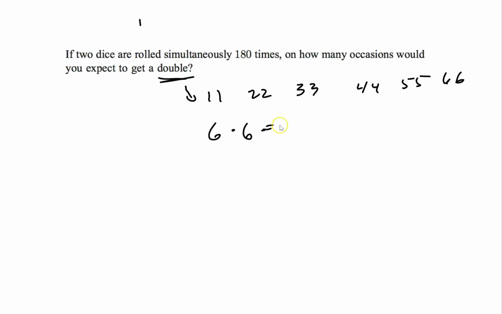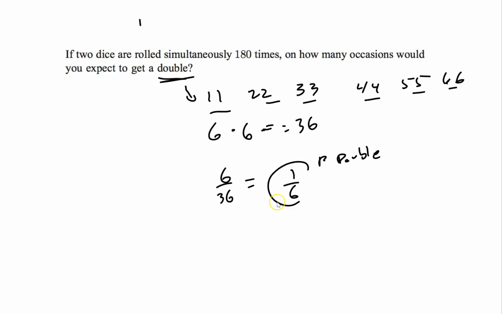If you multiply them together, there are 36 possible combinations. And these six are the only ones that give you doubles. So there's a 6 out of 36 probability of getting a double, or 1 out of 6. Because again, 6 times 6 is 36 combinations, and only these 6 give you doubles. So your probability is 1 over 6.